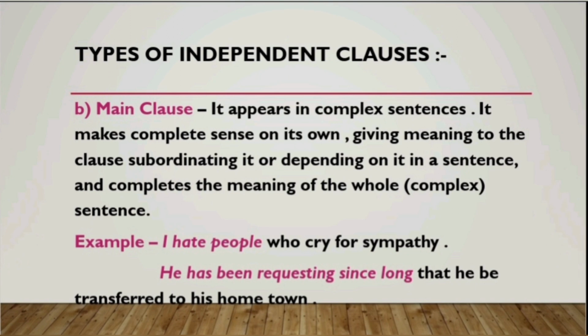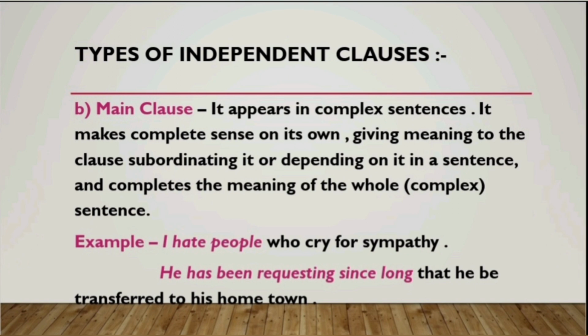If you see these examples here, I hate people who cry for sympathy. So basically here, if you see the structure of the sentence, I hate people, it's complete in its meaning. So this is a kind of complex sentence where this part of the sentence is your independent clause. Who cry for sympathy starts with a subordinating conjunction.